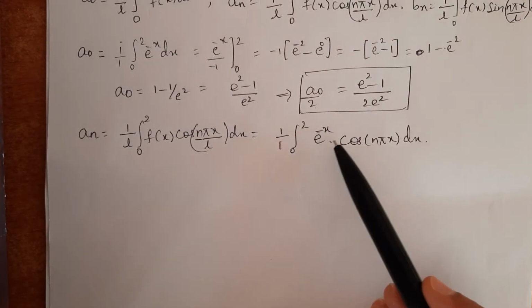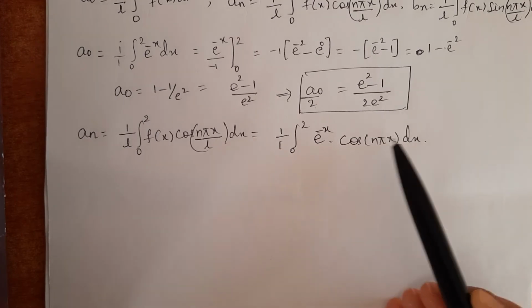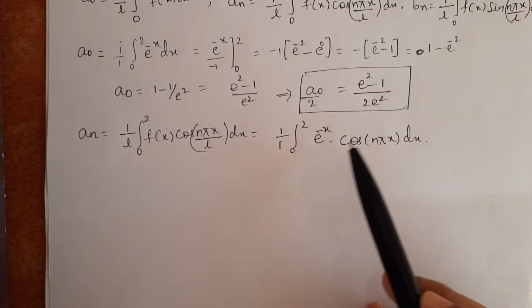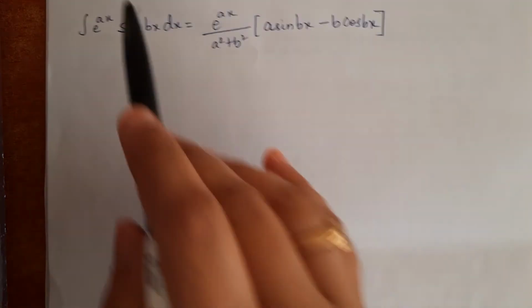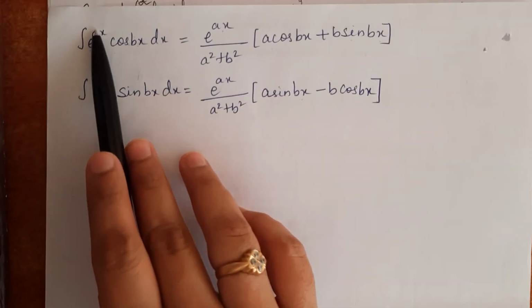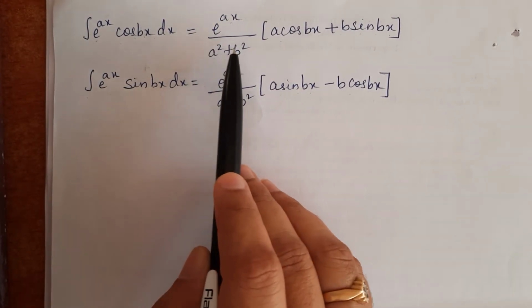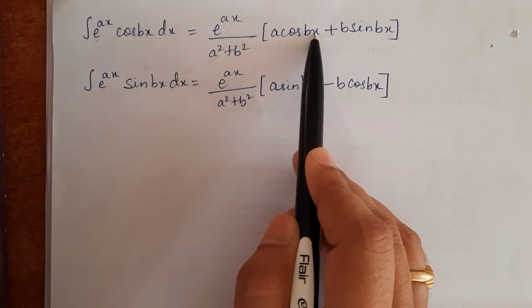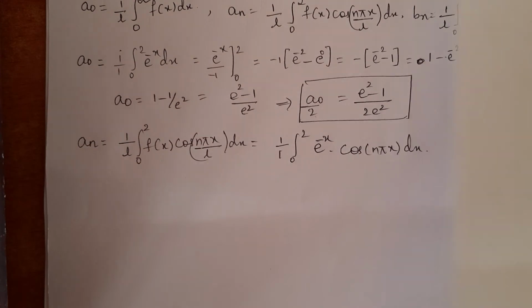Integral between 0 to 2 f of x is e power minus x into cos n pi x into dx. Here we have product of exponential into cos function. I had given a formula whenever we have exponential into cos function. This is the formula, e power ax divided by a square plus b square into a cos bx plus b sin bx. This formula we should apply for the integration.